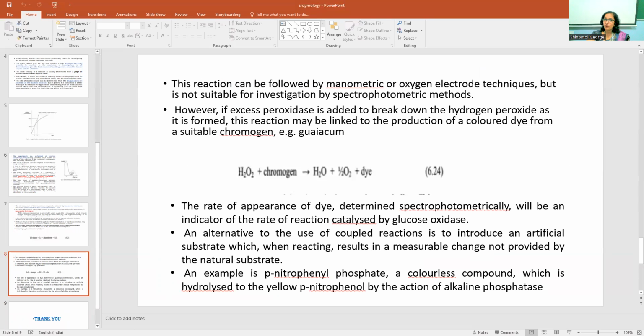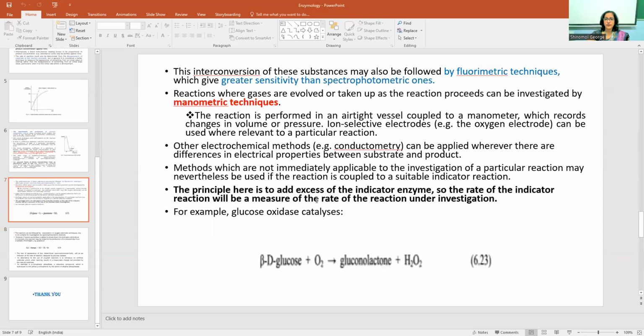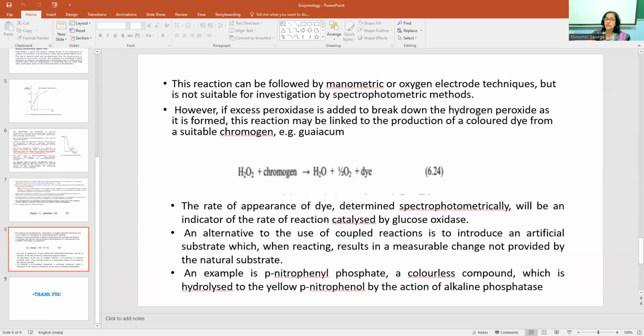Here, the reaction can be followed by manometric or oxygen electrode techniques, but it is not suitable for investigation by spectrophotometric methods. The excess peroxidase is added to break down the hydrogen peroxide that is formed. Then the reaction may be linked to the production of a colored dye from a suitable chromogen, for example, guaiacum.